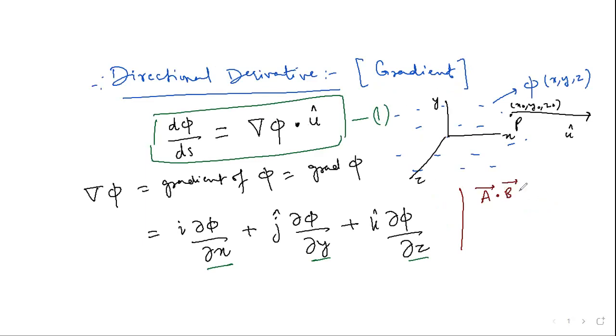If there is A dot B, that is magnitude of A, magnitude of B into cos of theta, where theta is the angle between A and B, right? Similarly, I can use this definition of dot product here.